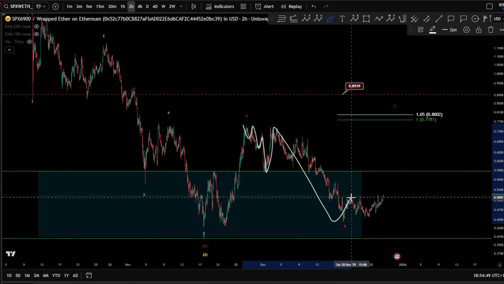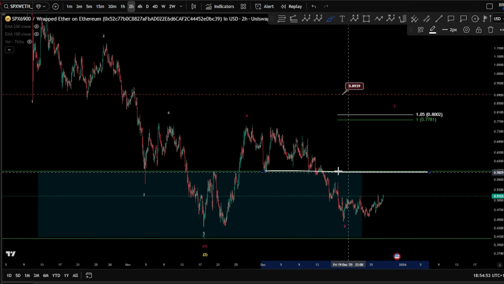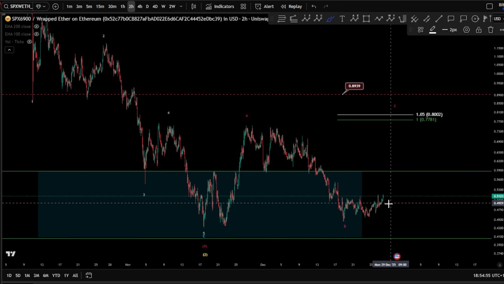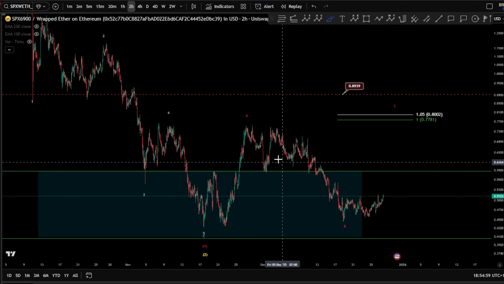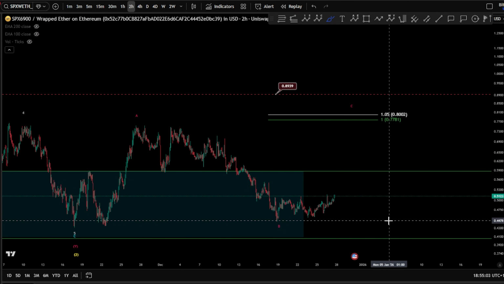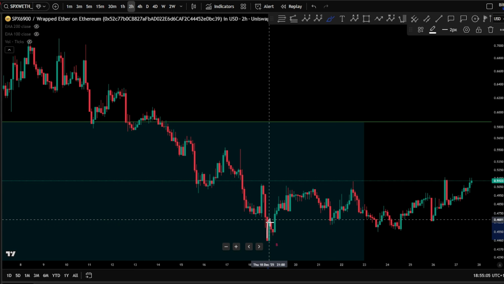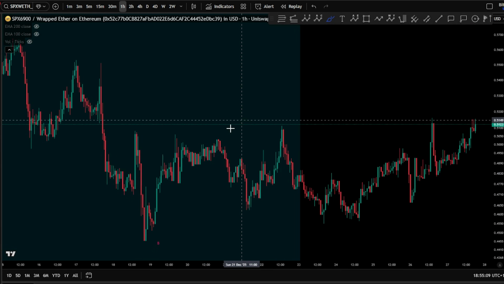Then wave 2, then wave 3, and this is your wave 4 and a 5. But to mark here, you cannot interfere with this zone 1 as an impulse, in case we're still looking for 4 and a 5. Currently, if we dive inside it a little bit, you have a 1, 2, 3, 4, and a 5 on the 1 hour chart here.